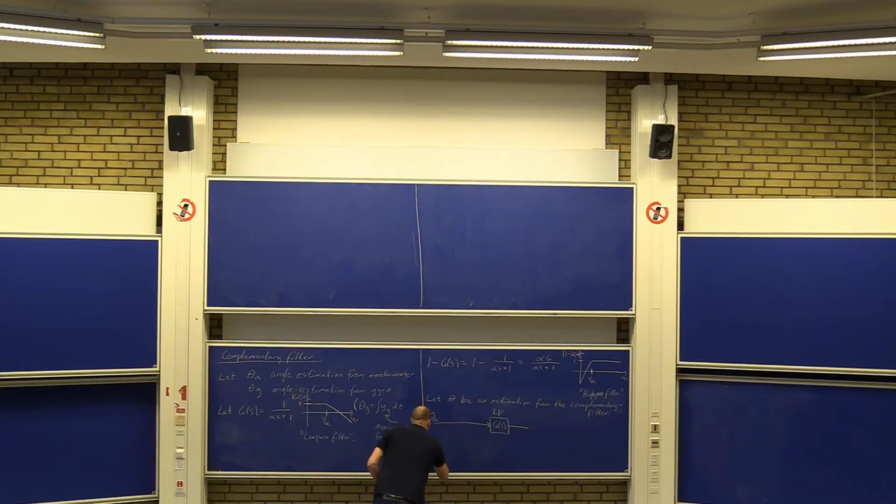Then we have the measurements, the angular velocity from the gyro. We first integrate, and then we get our estimate of the angle by considering only the gyro.